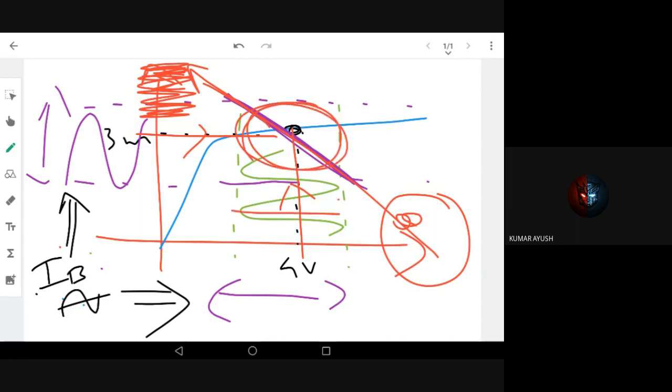I have maximum swing. My voltage swing is maximum, and current swing is also good. Else, if I'm in saturation or cutoff, my output will be clipped. My signal will be distorted and I don't get the proper amplification. You can see in an amplifier there is sometimes a clipped signal. So that is the problem.